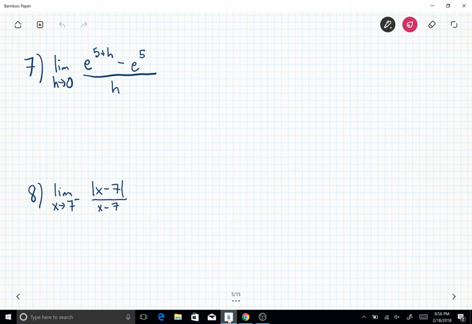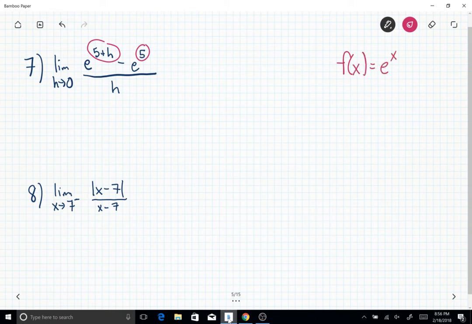So this is going to take a little bit of notice as to what's happening. In this case, notice you have something like a 5 plus h up here, and this is just the constant. So if I let f of x equal e to the x, what happens?